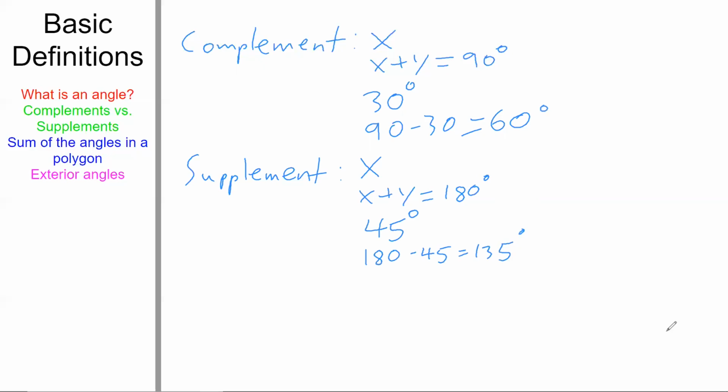So sometimes problems will use the word complement and supplement, and so that's what those mean. Someone just asked if there's a trick for remembering this. As far as I know, there is no easy trick because it's basically terminology. So you just have to remember the word complement and 90 degrees and the word supplement and 180 degrees.